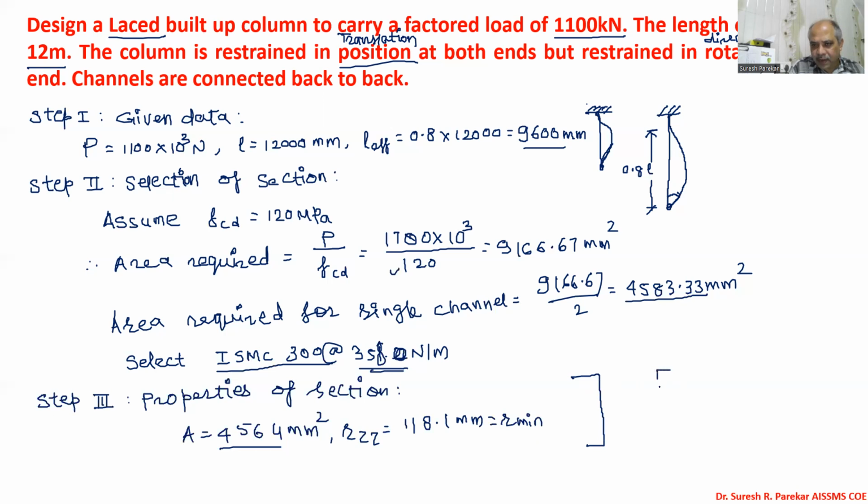Because this will be back to back, and we are going to provide it in such a way that my value of Iyy should be greater than Izz. If I provide in this fashion, automatically my ryy will be greater than rzz. And therefore we have rzz as r minimum.